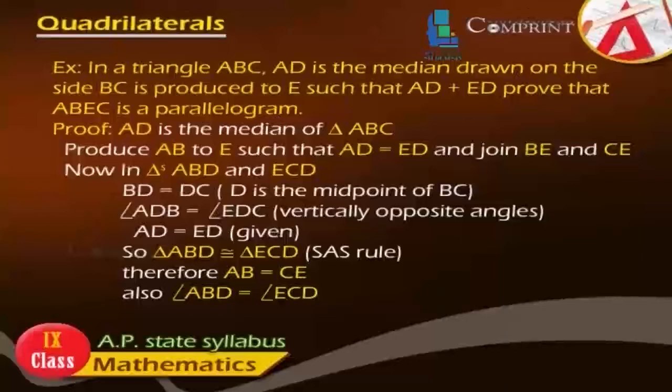AD is equal to ED, which is given. So, triangle ABD is congruent to triangle ECD, which is the SAS rule. Therefore, AB is equal to CE. Also, angle ABD is equal to angle ECD.